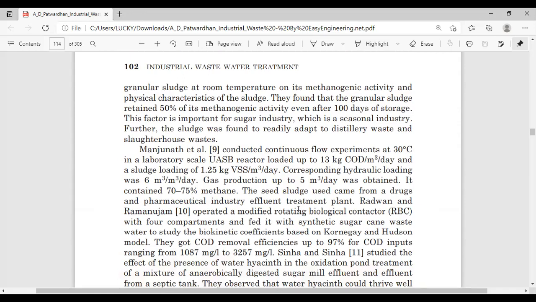They found that the granular sludge retained 50% of its methanogenic activity even after 100 days of storage.